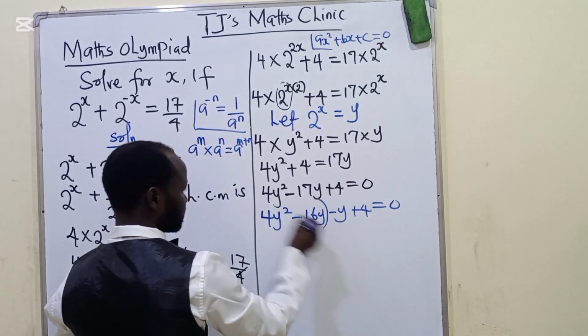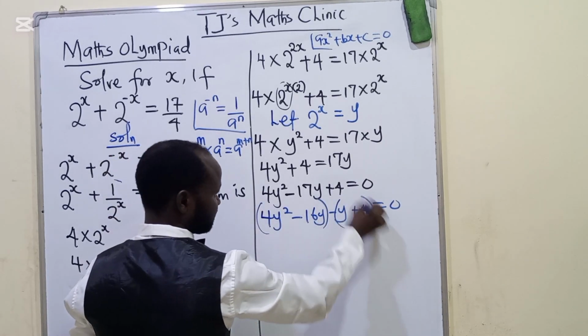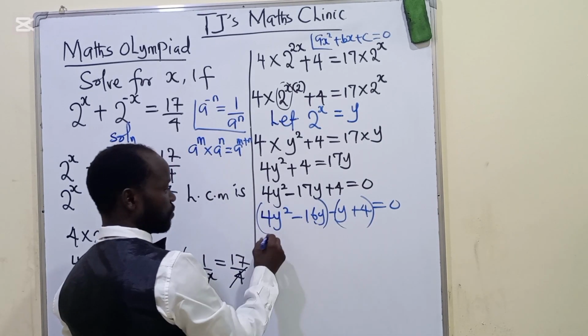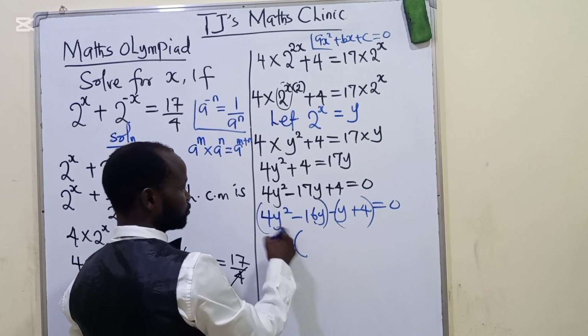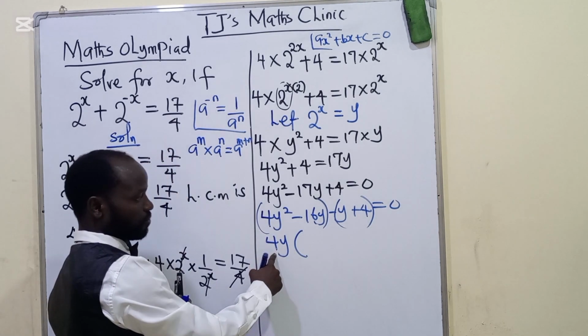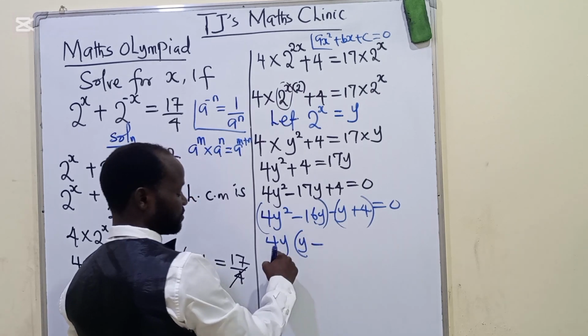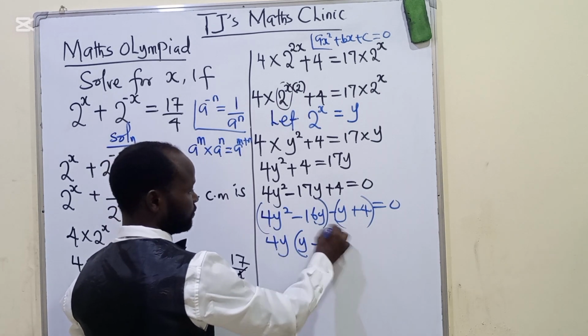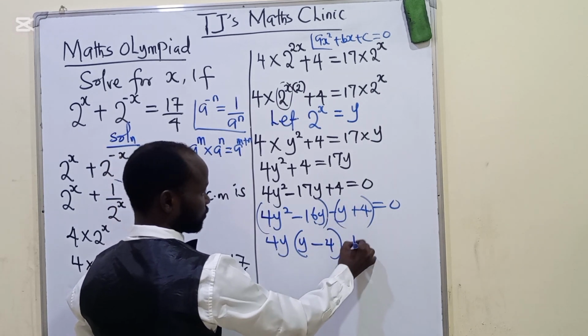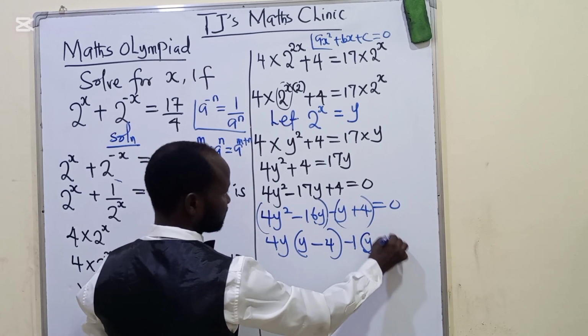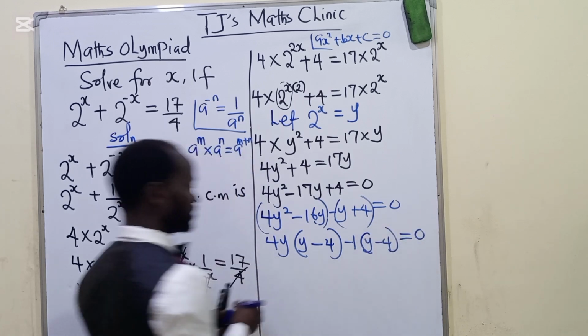We can group this and factor out. What is common here is 4y. I'll have 4y into y minus 4, and what is common here, of course, is minus 1 into y minus 4, equals 0.